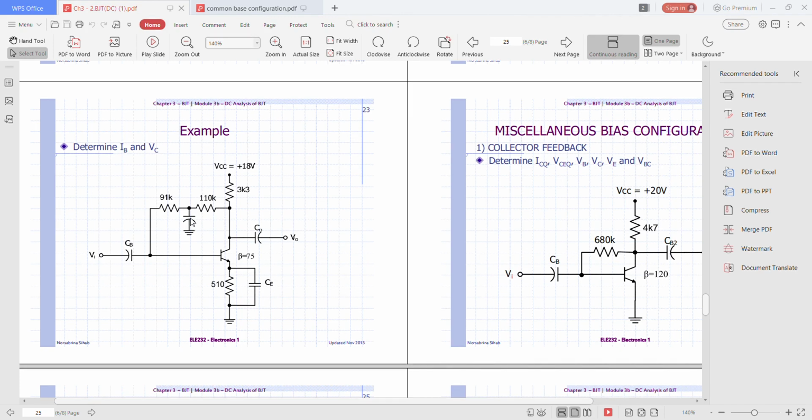So when this capacitor is open circuit, what will happen? The current will move like this. So there will be two currents over here, IC and IB. So during the input loop equation analysis, you just make sure that the current will move through 110 kilo ohm and 91 kilo ohm.